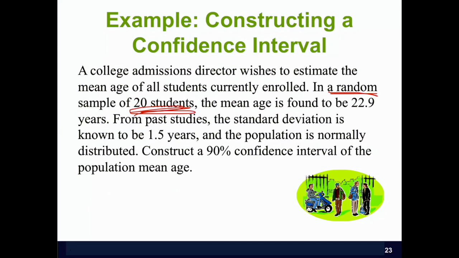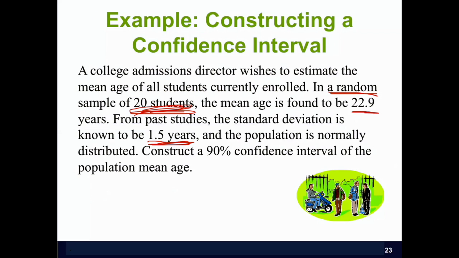Let's keep reading. In a random sample of 20 students, the mean age is found to be 22.9, so this is going to be our point estimate, right? 22.9 years. Now, from past studies, the standard deviation is known to be 1.5 years. So everything here is okay, except that we still have 20 students, right?